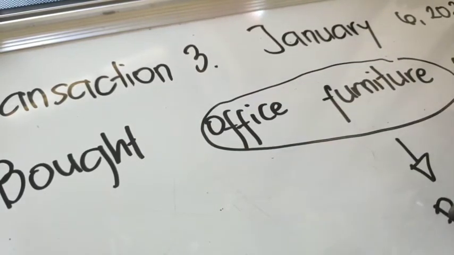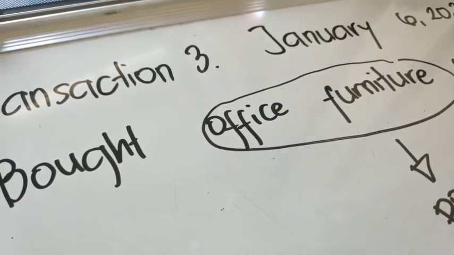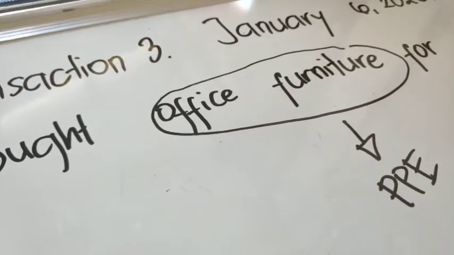So, it is a PPE. Your PPE are classified as tangible assets, which include land, building, equipment, office furniture, and furniture and fixtures.